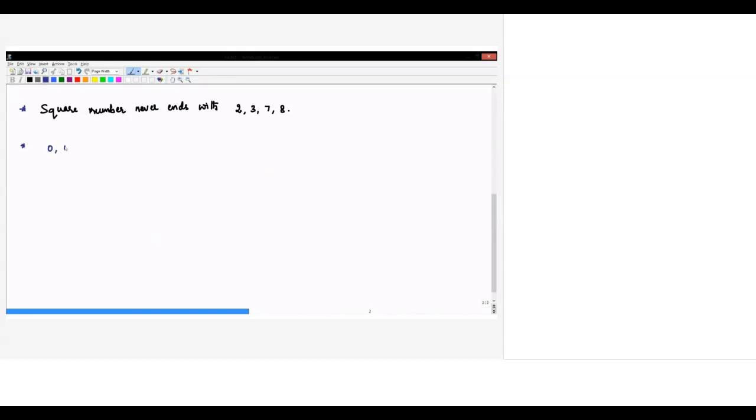For 0, 1, 5, 6, the number always ends with themselves.